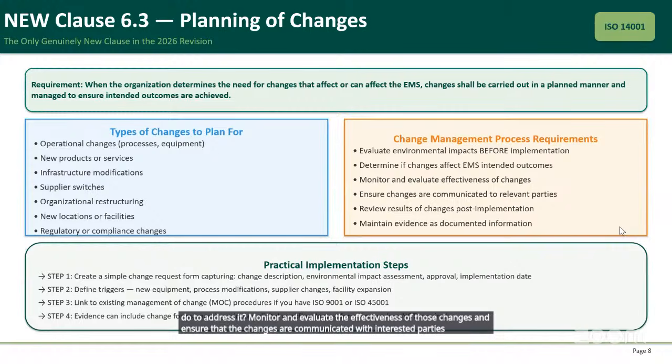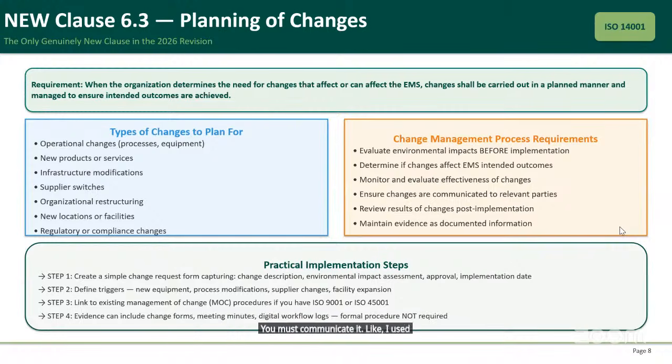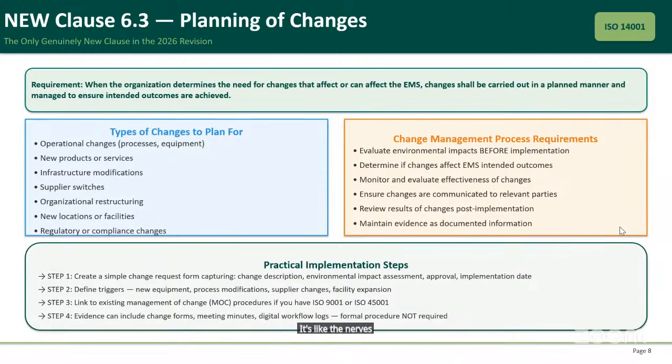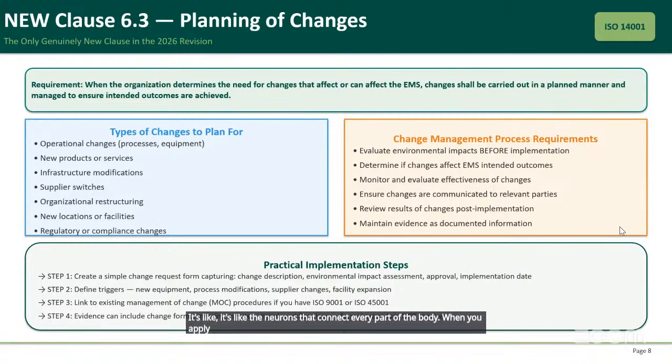You must communicate it. I used to say that communication is like the nerves, like the neurons that connect every part of the body. When you apply a particular change and you don't communicate it, there will be a problem.